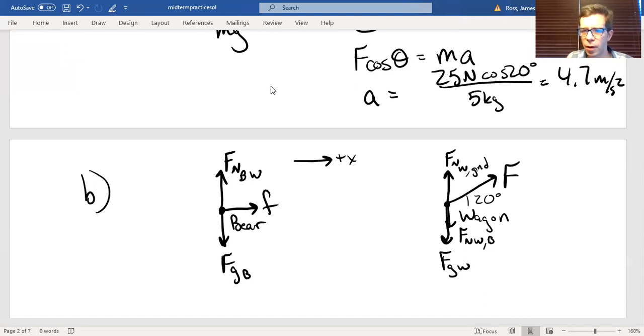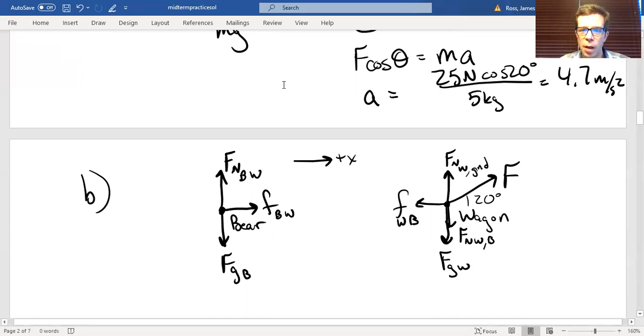All right, what else? Well, we have this frictional force on the bear due to the wagon. So we must have a frictional force on the wagon due to the bear. And you can think about that again. The wagon is going to go slower because the bear's adding more weight to the whole system, right? So that frictional force opposes the motion, right?